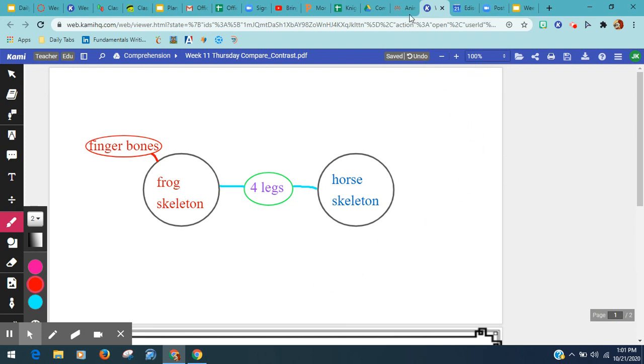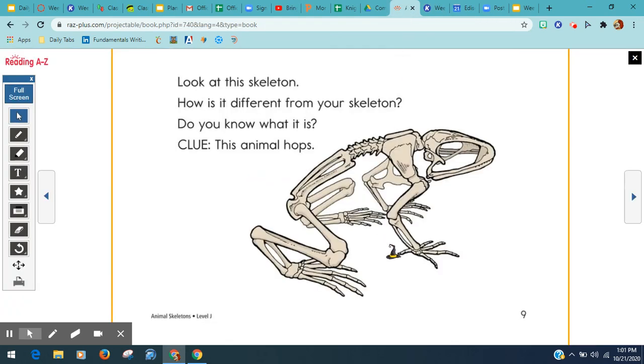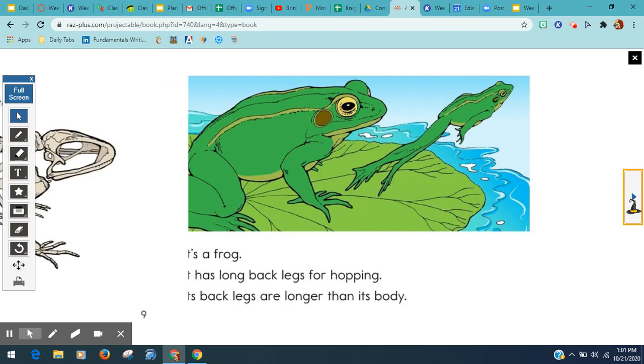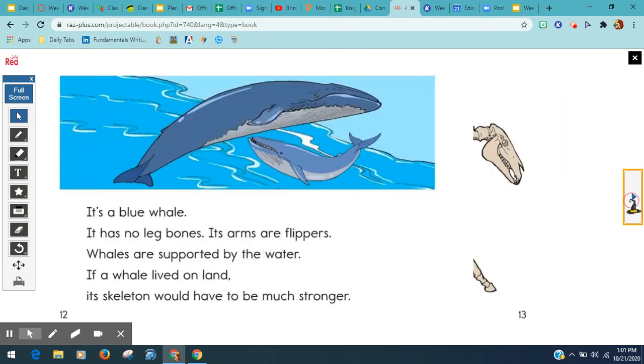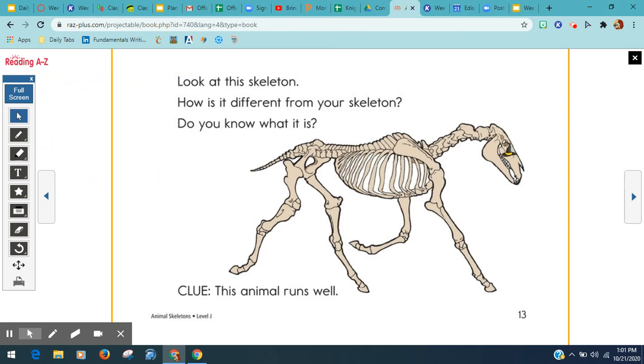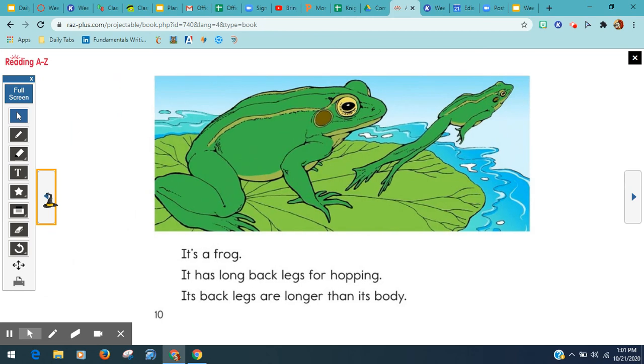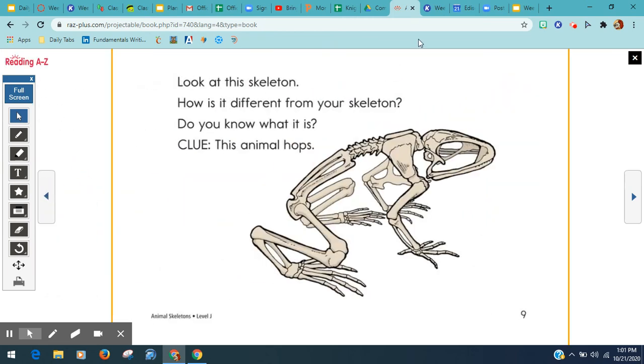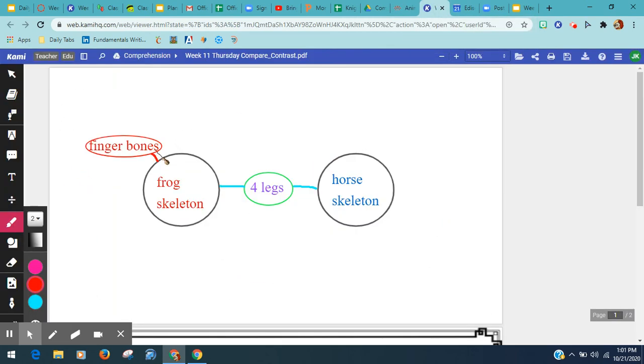I want to go back to our frog again. So here we go. I also noticed that the frog had really big holes in his skull. Really big holes, but the horse didn't, remember? The horse had small holes in his skull. So it's only true for the frog, those big holes in the skull. So again, I'm going to connect it to the frog only.